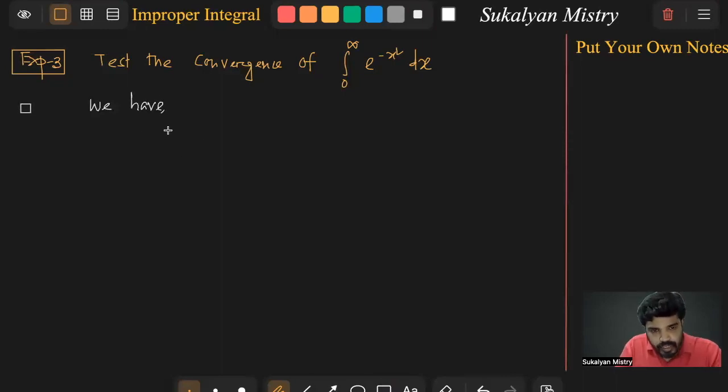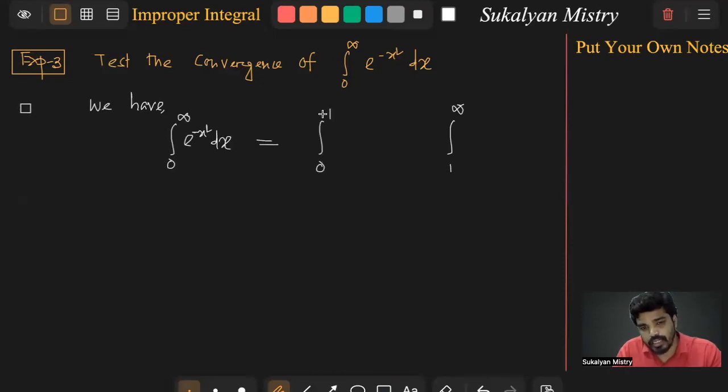দেখো 0 to infinity. So this can be written as 0 to 1, 1 to infinity. আমরা লিখতে পারি 0 to infinity e to the power minus x square dx as integration 0 to 1 e to the power minus x square dx plus 1 to infinity e to the power minus x square dx.